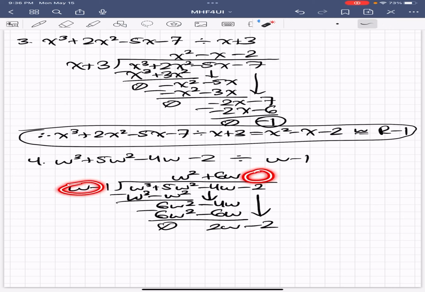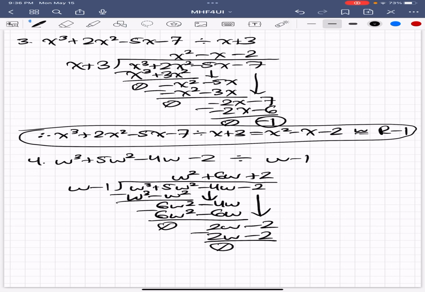What multiplied by w gets you 2w? Time for a division statement.